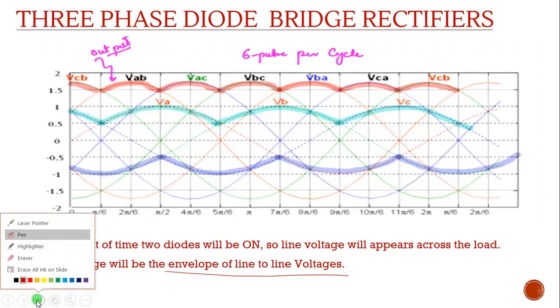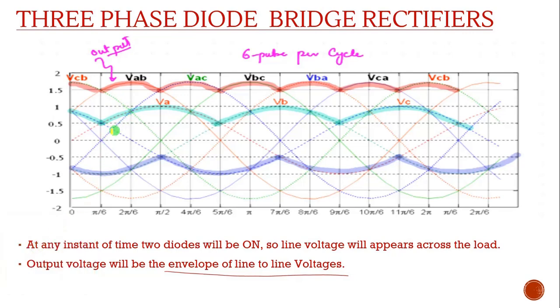Here you can see the three phase voltages. This is the first phase VA, and this is the second phase, which has a 120-degree phase shift from VA. This is the second phase, and this is the third phase.